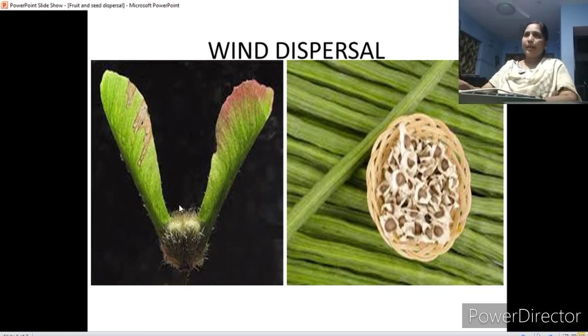These are maple seeds, which have wing-like structures and are very light in weight, and these are drumstick seeds. You are very familiar with drumstick seeds. The drumstick seeds have papery wings, and the seeds are very light in weight. Due to this, when wind blows, they can easily fly along with the wind and fall in different areas so that new drumstick plants can grow there.